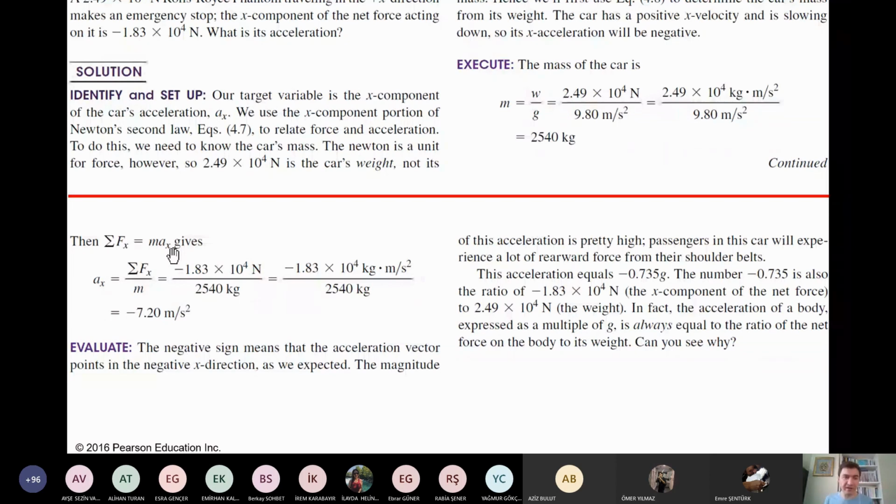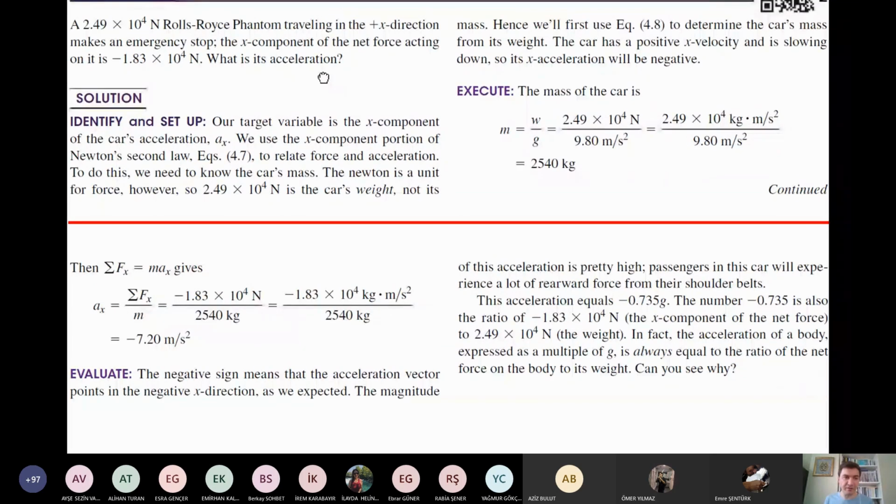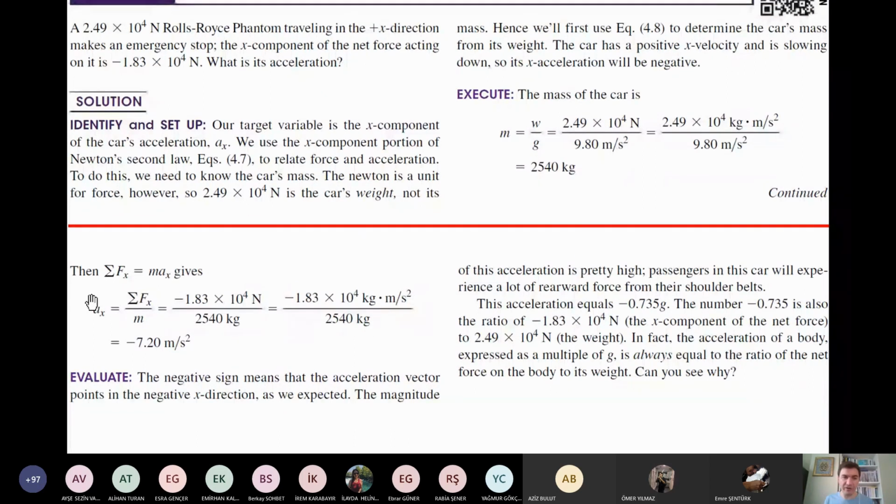So if you take acceleration from this expression, it is the net force acting on the Rolls-Royce along the x-axis over m. We have already calculated m, put the m here, and the force is given in the question, minus 1.83 times 10 to the 4 Newton. Again, you can convert Newton to kilogram times meter per square second in order to better cancel the units in the equation. So finally, we will have meter per square second.